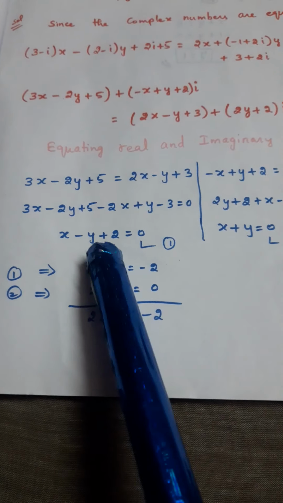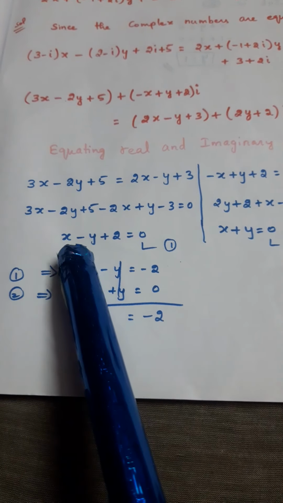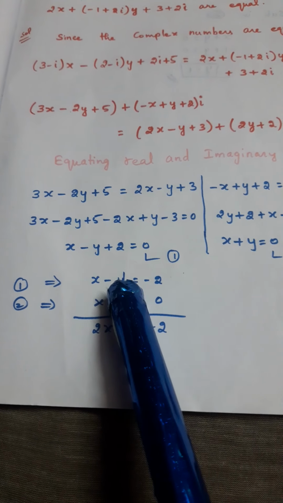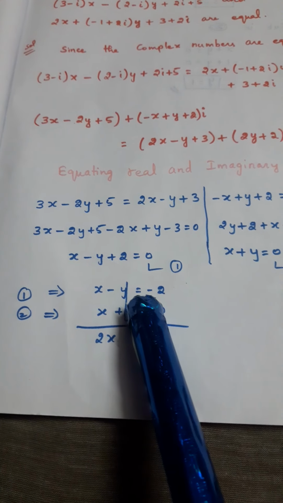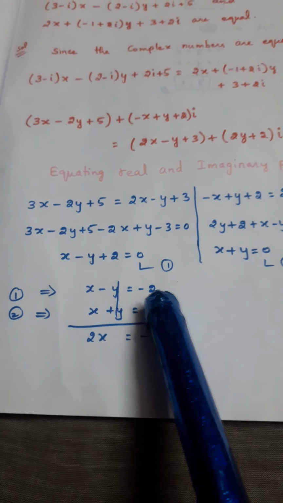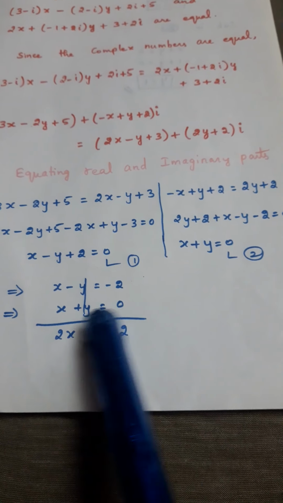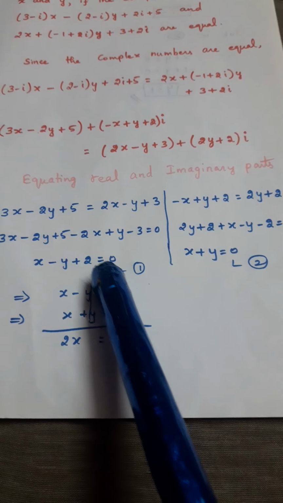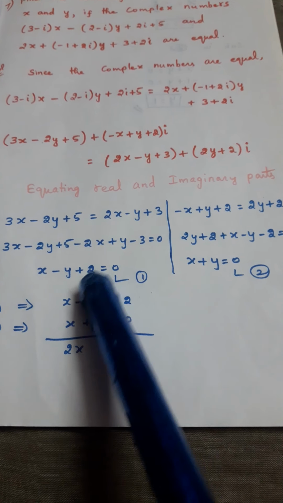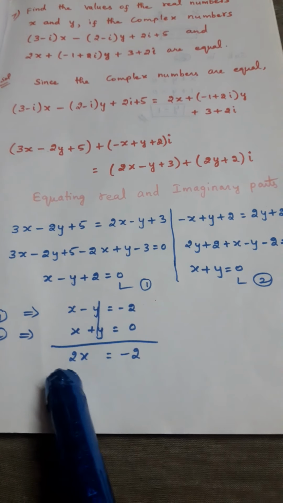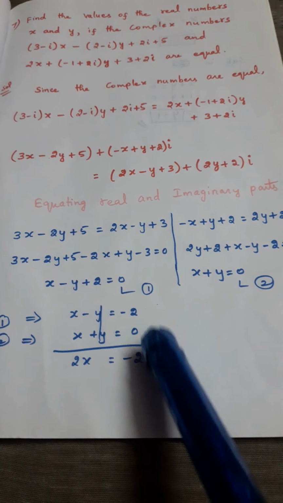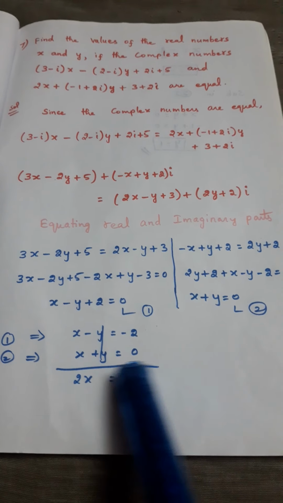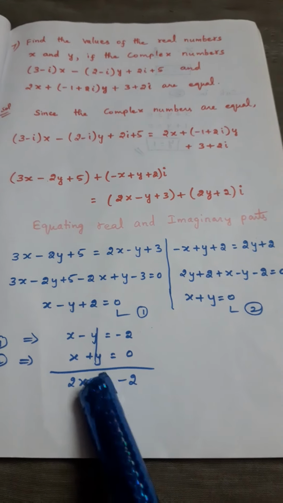Now I am going to solve these two equations. See, the first equation is this, no? The first equation gives x minus y plus 2 taken to the other side and written as equal to minus 2. The second equation is written as x plus y equal to 0. So if I add these, minus y and plus y get cancelled, x plus x is 2x, minus 2 plus 0 is minus 2. And you will understand up to this, right?